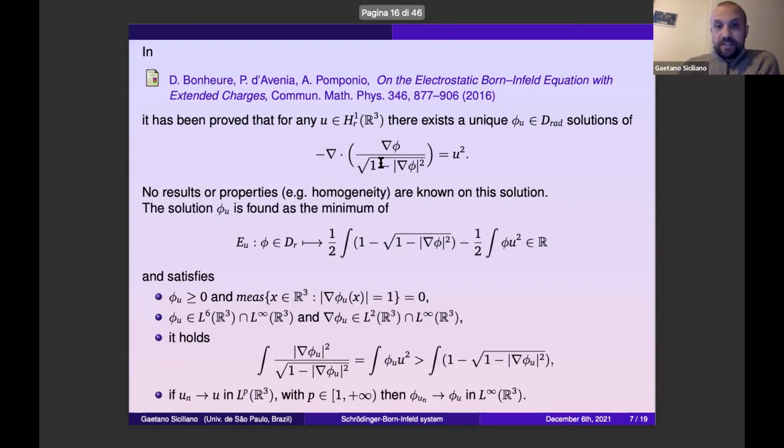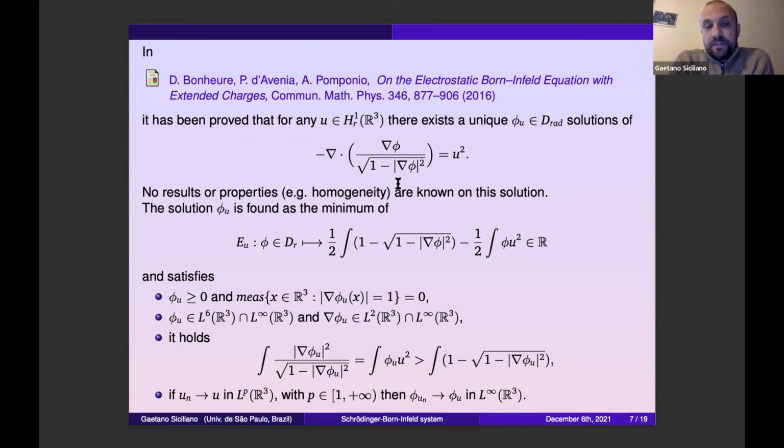And the fact is that the solution of this equation can be found as the minimum of this functional. It is easy to see that this functional has a unique minimum.